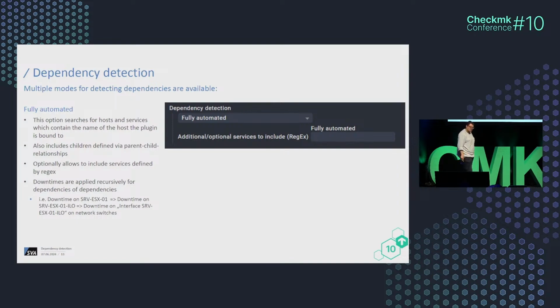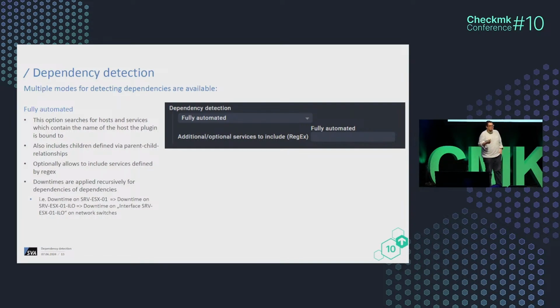It also includes children hosts defined via parent-child relationship feature, and optionally allows you to include further services defined via regular expression. And the downtime can, of course, also be created recursively.